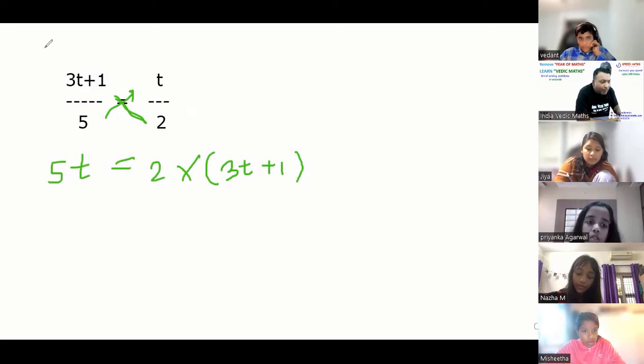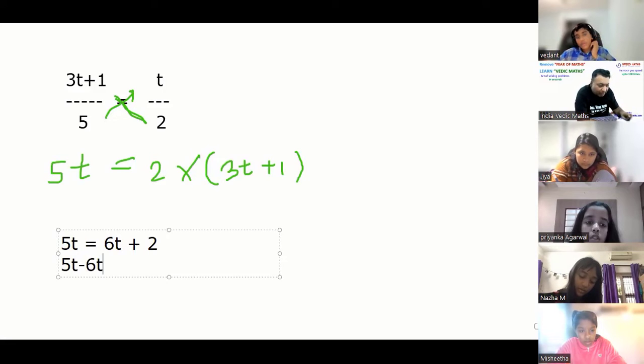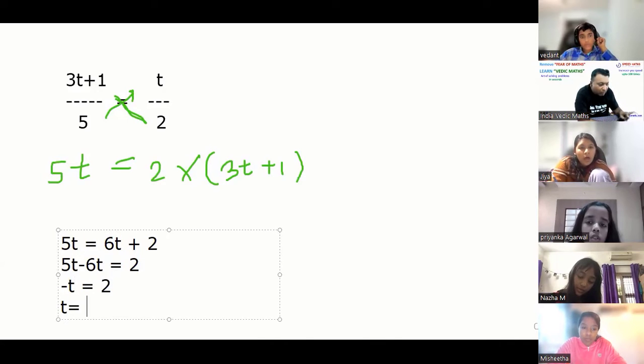Now you open it up: 5t equal to, what is 2 times 3t? 6t. What is 2 times 1? 2. Now you will say 5t minus 6t equal to 2, negative t equal to 2, t equal to. That should be the answer.